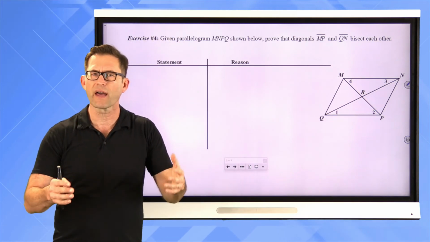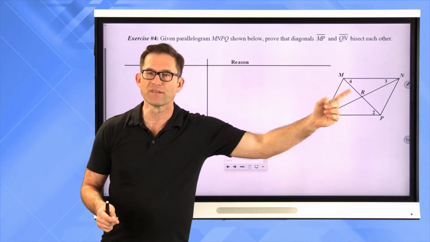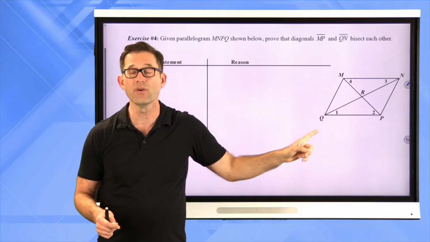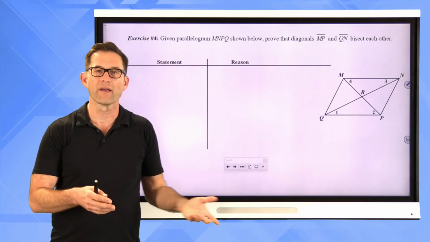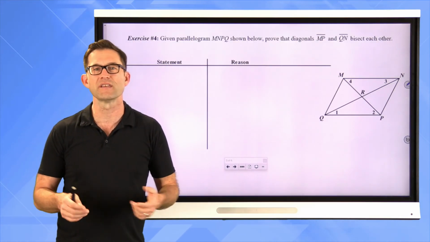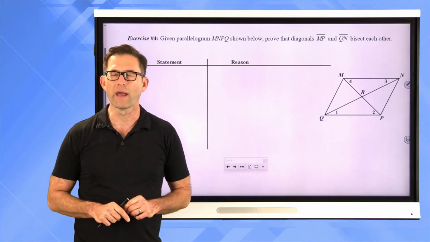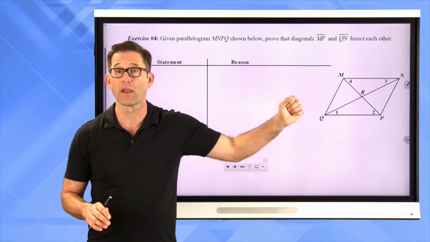So ultimately, I've got to show that. Now in order to show that MR is congruent to RP and NR is congruent to RQ, I probably want to figure out that two triangles are congruent and then do a little bit of CPCTC magic. So let's think about what we can say right now, based on the fact that we know MNPQ is a parallelogram.